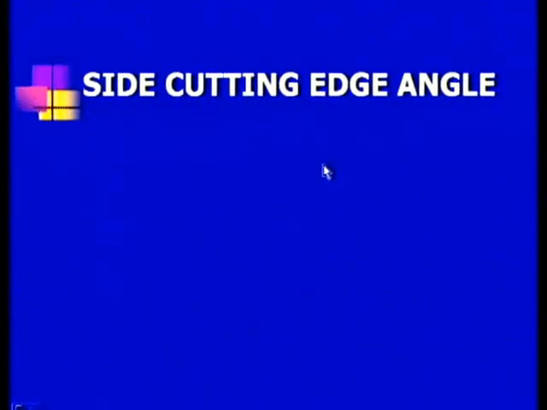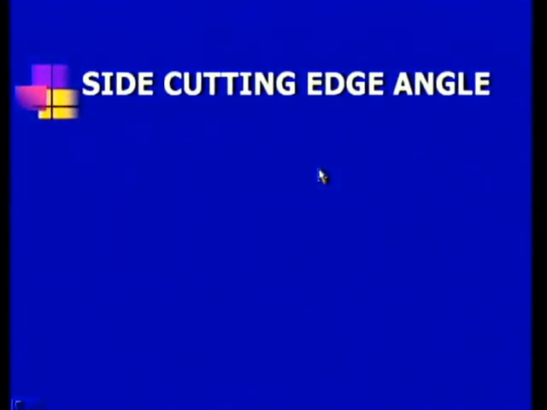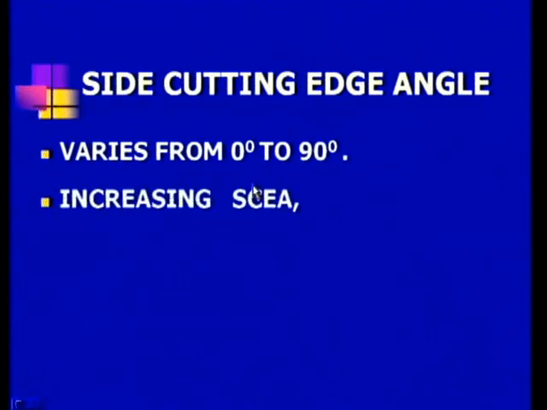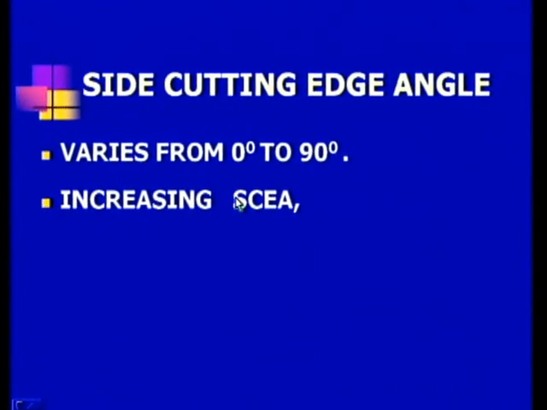This angle is very important, and it varies from 0 to 90 degrees depending upon the application, the type of machining method, the work material, and the metal removal rate required. All these things decide which angle is to be taken. That is what designing is. Increasing SCEA.